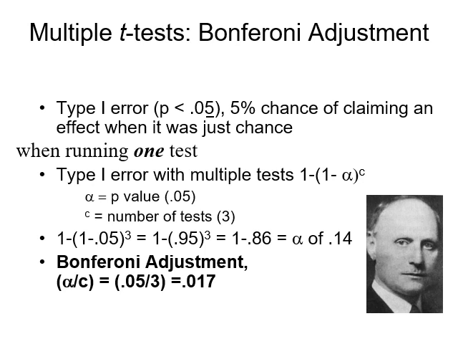We're simply going to take our alpha and divide it by the number of tests we're running. So if we're running 3 a priori t-tests on a series of data, instead of an alpha or p-value of 0.05, meaning that we can claim significance, we're going to take that 0.05, divide it by 3, the number of t-tests we're going to run, and that's going to give us an alpha of 0.017.